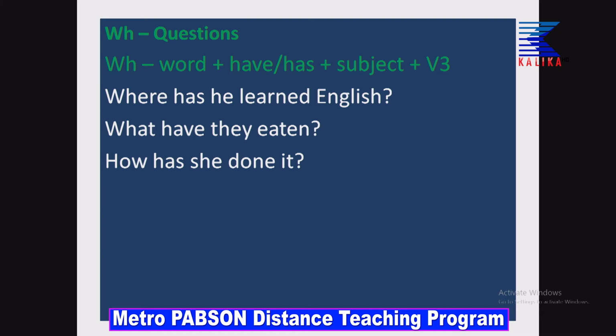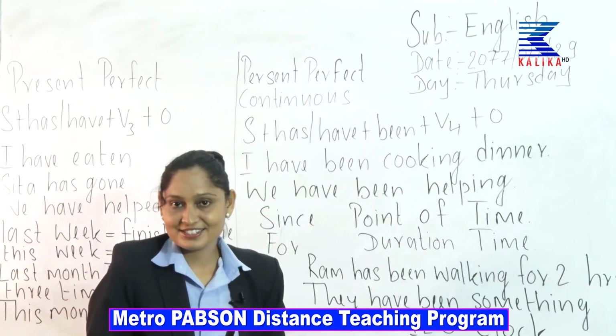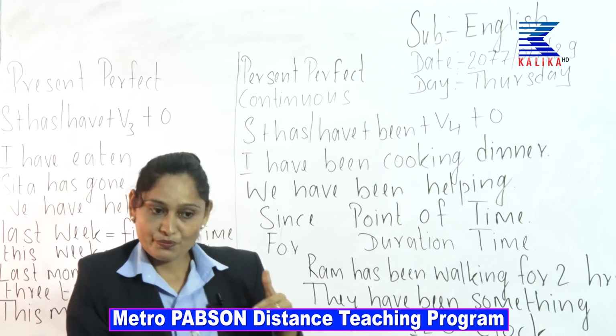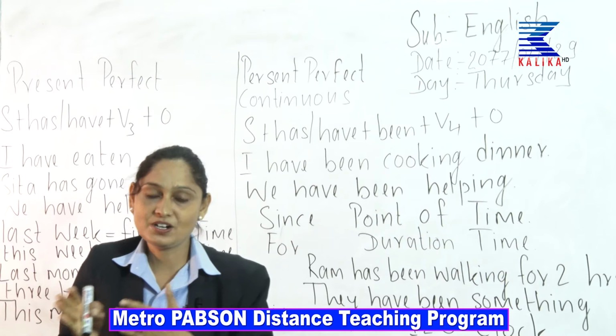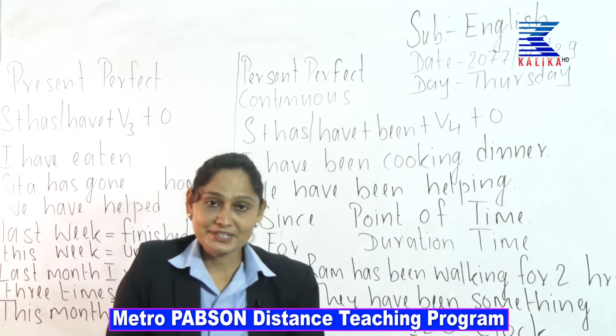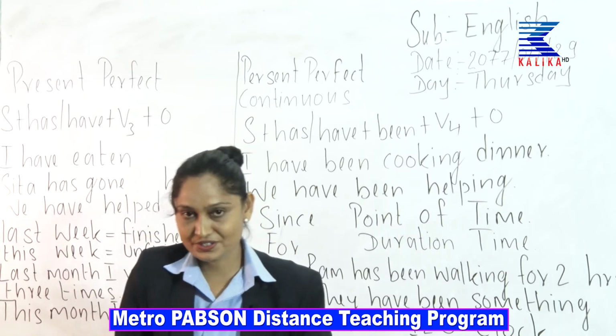of past and present. So now we are moving to the next, present perfect continuous. Now, look at the board, children. Just now we finished present perfect and now we are in present perfect continuous. What's the meaning of present perfect continuous?